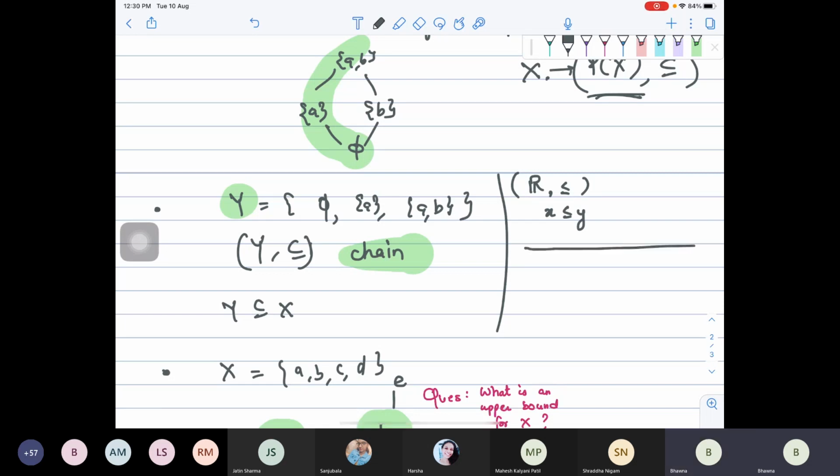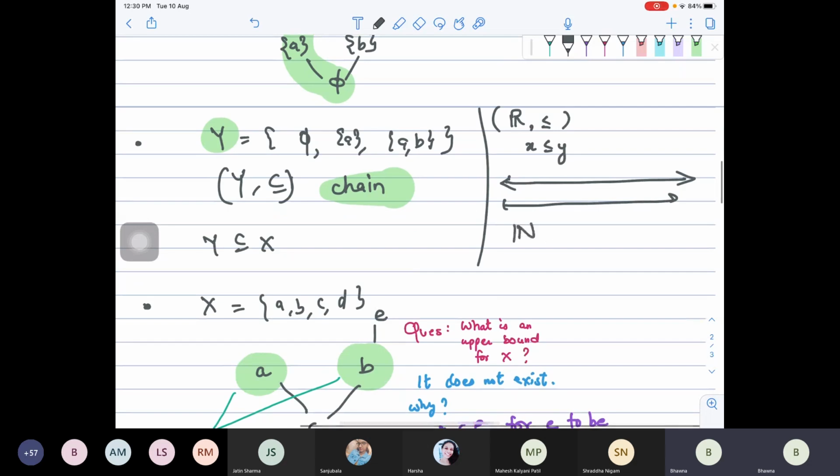That is why I can represent R as a line. That means R is totally ordered. I can order every element of the set completely in a chain-like fashion.